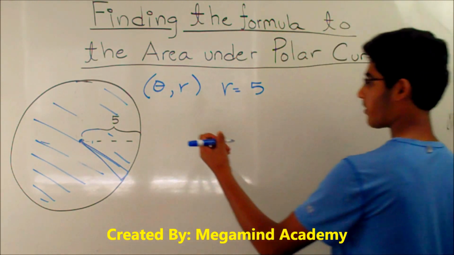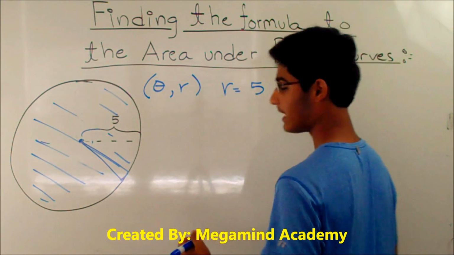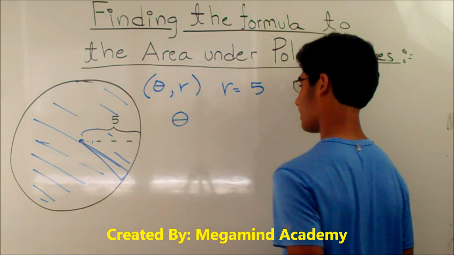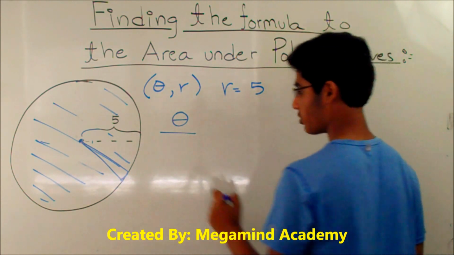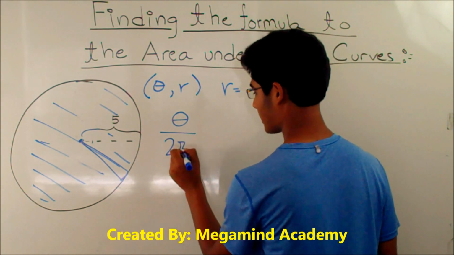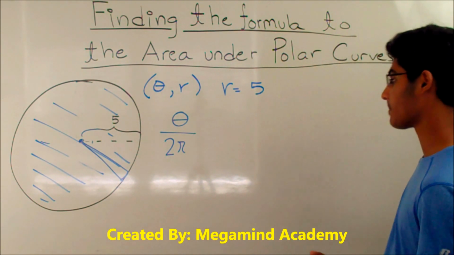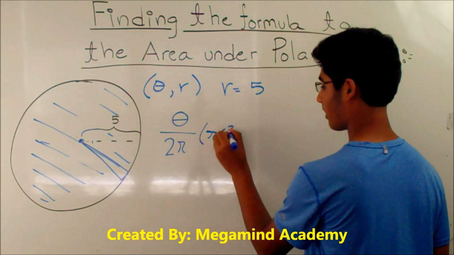To find the area of the sector of a circle, we would do the angle measurement, theta, over, let's do this in radians instead of degrees, 2 pi, because 360 degrees, or one full rotation of a circle, is 2 pi radians, times the area, pi r squared.